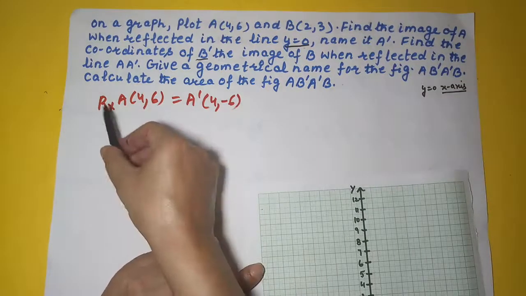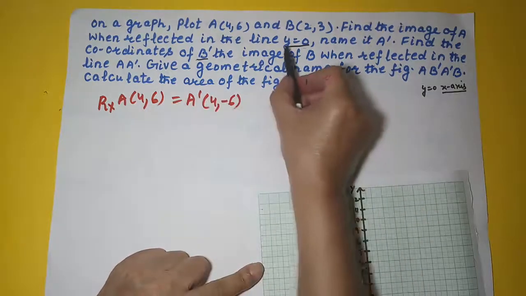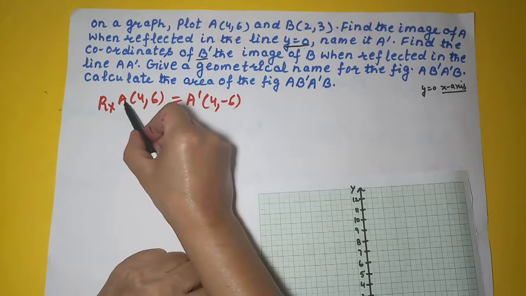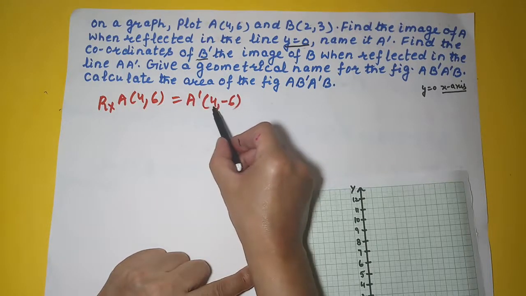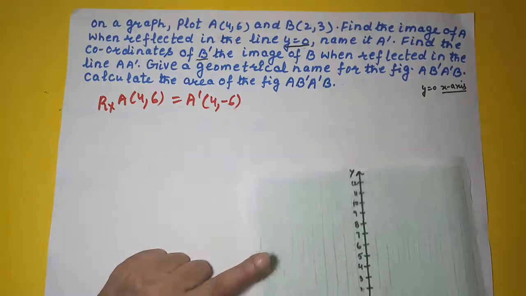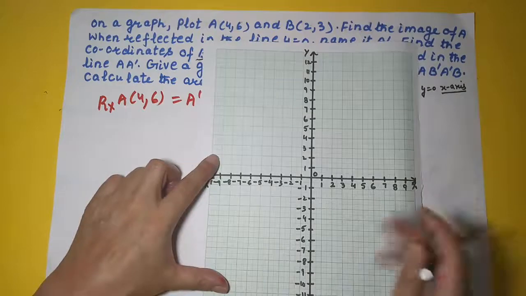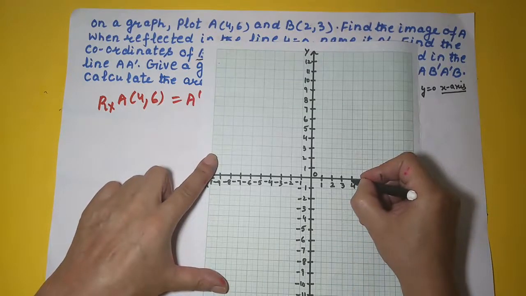Now if we reflect the point A in the line y equal to 0, which is the x-axis, the reflection of A along the x-axis will give us A dash, which will be (4, -6). So we have written it here. Now we will plot these points. We have to plot A (4, 6).